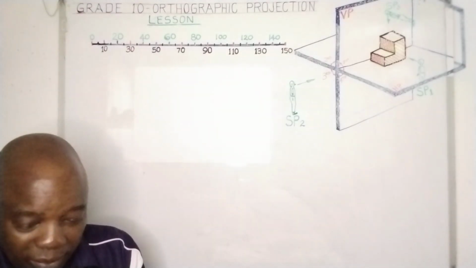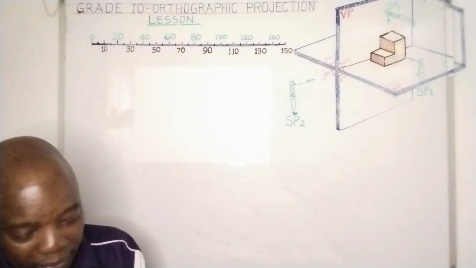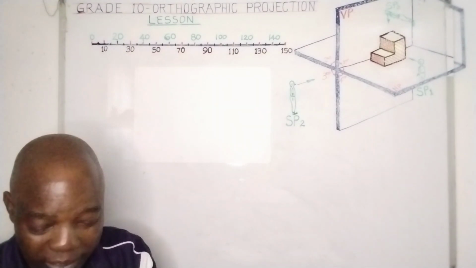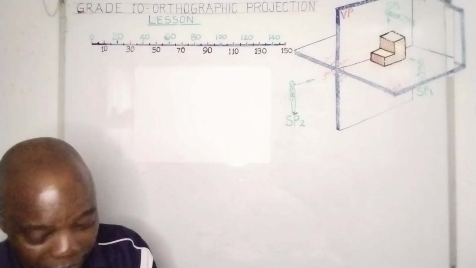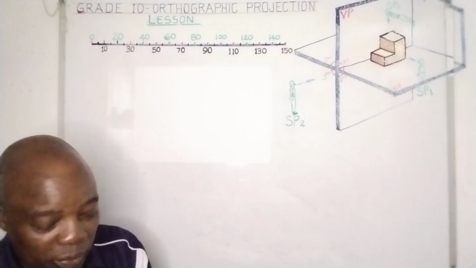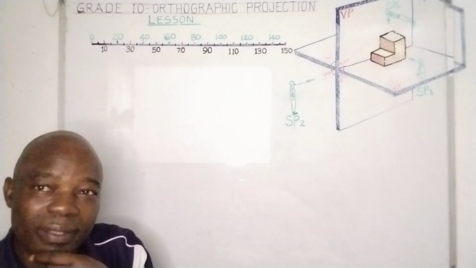So from there now, that's when we are going to come to orthographic projection. I'll find time to have a few demonstrations here and there, so that we cover up everything.